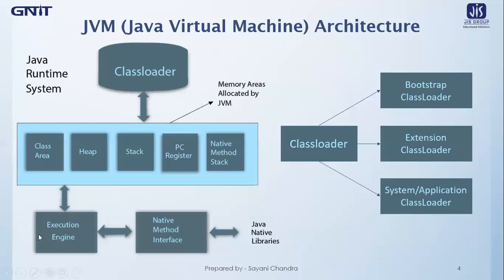The next part that we can see is the execution engine. This execution engine contains 3 parts: a virtual processor, an interpreter, and just-in-time or JIT compiler. Now the function of the interpreter has been explained in the previous lectures many times.